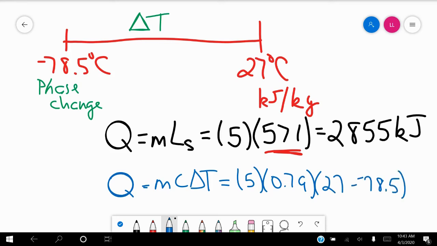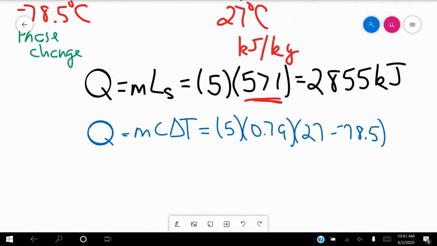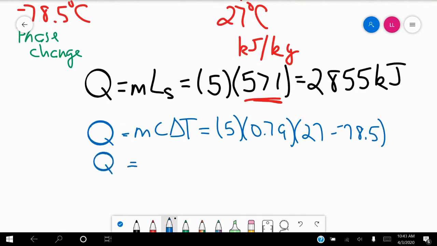And again, you don't have to convert to Kelvin because this is not an absolute temperature. This is a temperature change. So you don't have to convert the 27 or the negative 78.5. You can if you want, but you don't have to. So this tells us that this is 401 kilojoules.